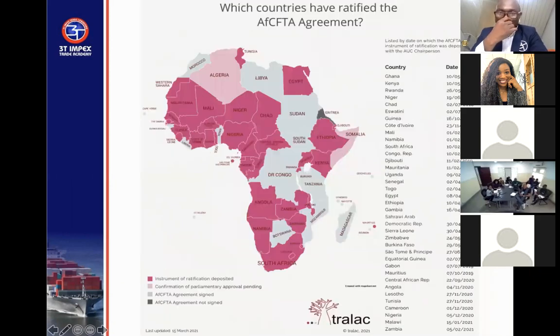So from Ghana to Kenya, Ghana was the first on the list. Then Kenya, Rwanda, Niger, Chad, Eswatini, Guinea, Cote d'Ivoire, Mali, Namibia, South Africa, Congo, Djibouti, Mauritania, Gambia, Uganda, Senegal, Togo, Egypt, Ethiopia, DRC, Zimbabwe, Burkina Faso, Sao Tome and Principe, Equatorial Guinea, Gabon, Mauritius, Central African Republic, Angola, Lesotho, Tunisia, Cameroon.